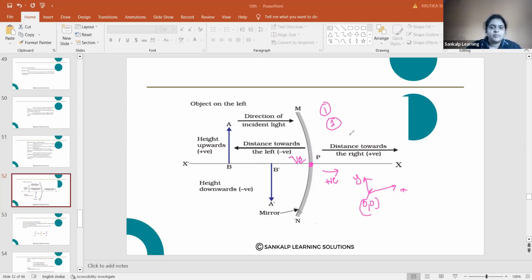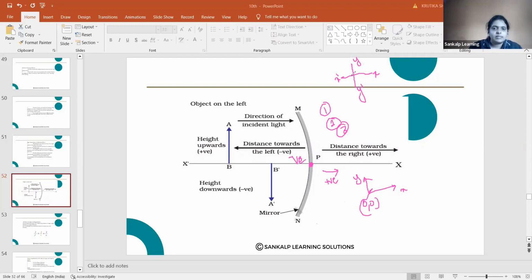Next, the third point is the principal axis. You know that XY, X dash is the principal axis in the figure. Measurements above the principal axis are taken as positive. Below the principal axis, the measurements are taken as negative. In short, if you consider xy coordinates, this is x dash, this is y dash.